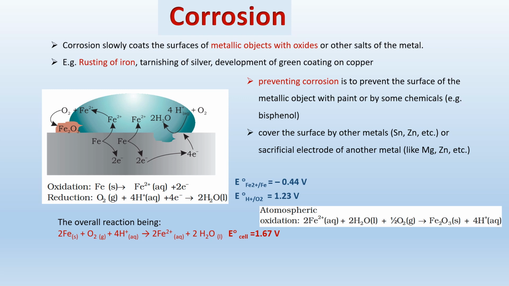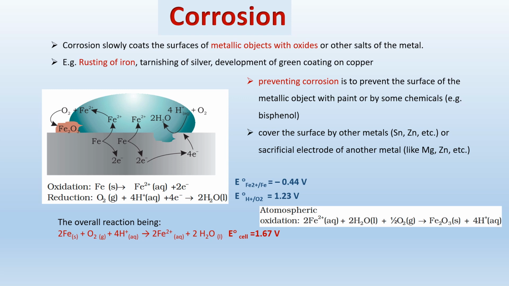See, the Fe is converted into Fe2 plus. That one is an oxidation, it loses 2 electrons, whereas in the reduction, the oxygen molecule comes from the air and binds with the hydrogen ion present in the water molecule to form water, right? And see its standard electrode potential.